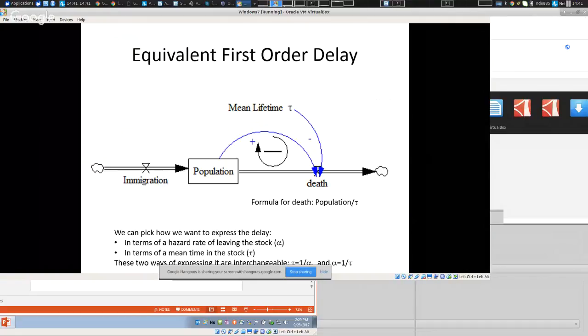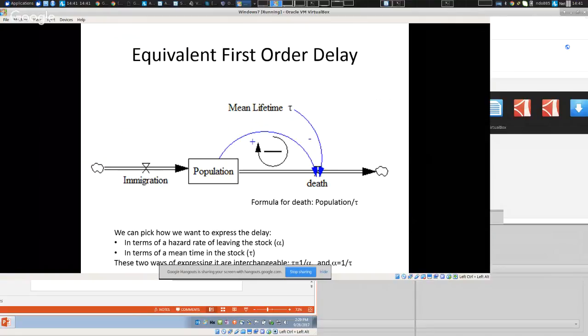Yeah, person per unit time, in this case, year.